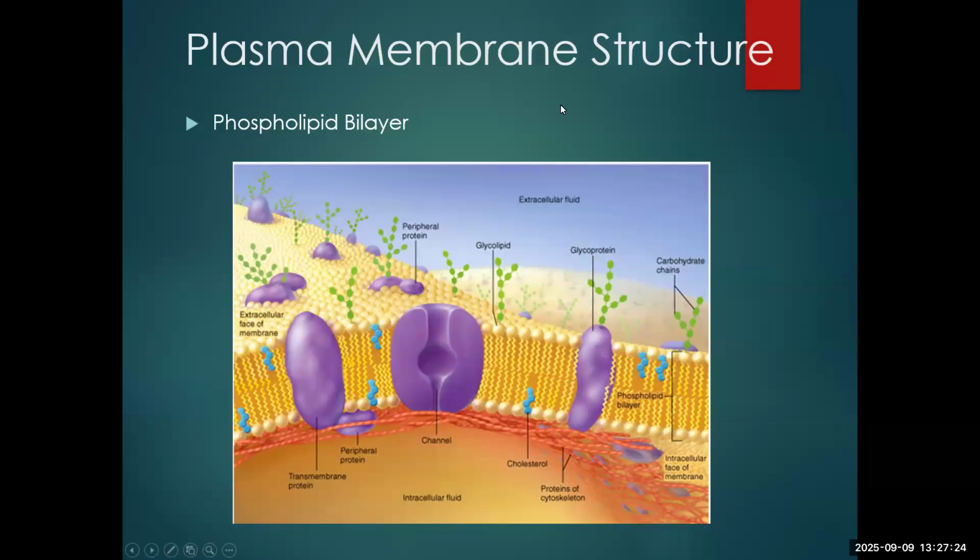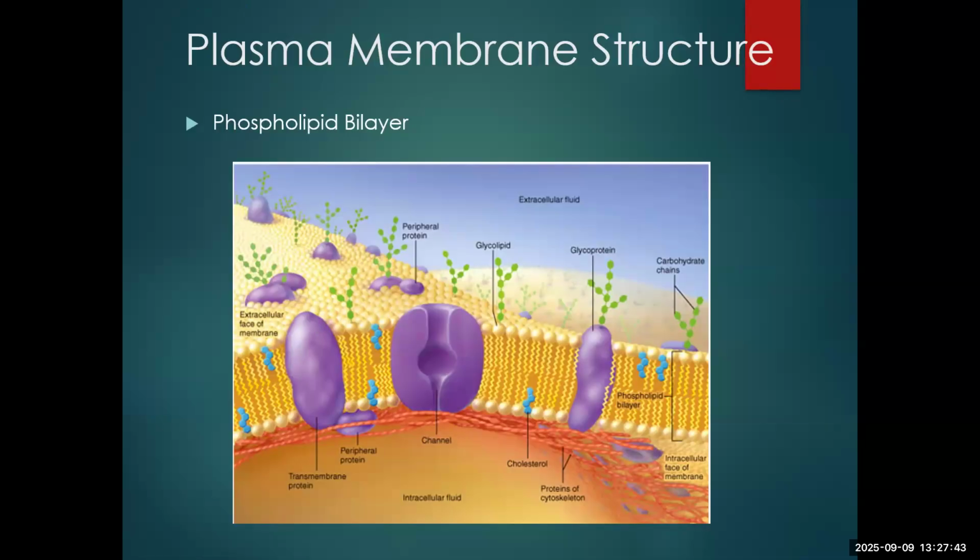All right, so the plasma membrane structure is super important because it determines a lot of cell function. This is a picture from your book that shows a portion of the plasma membrane.